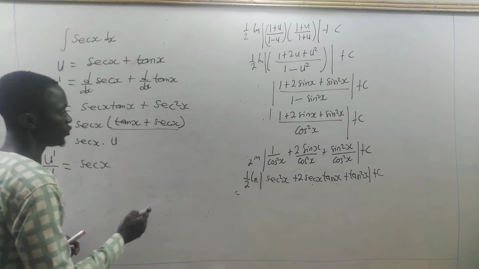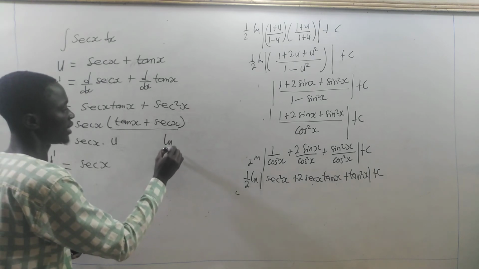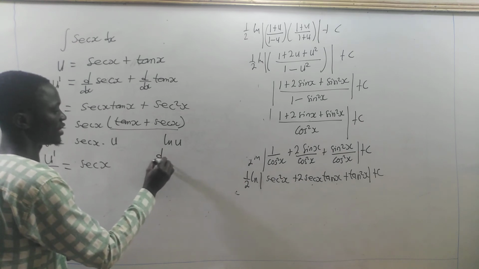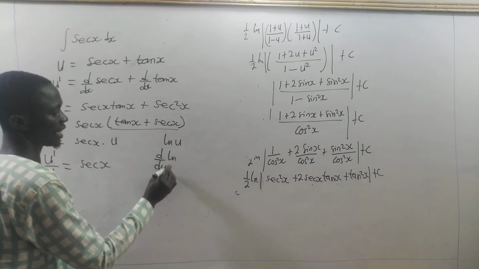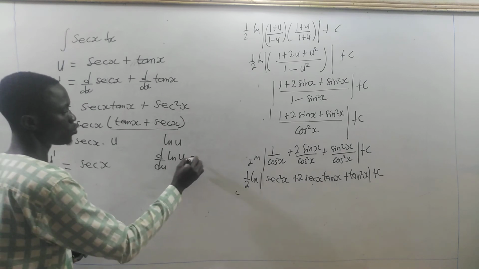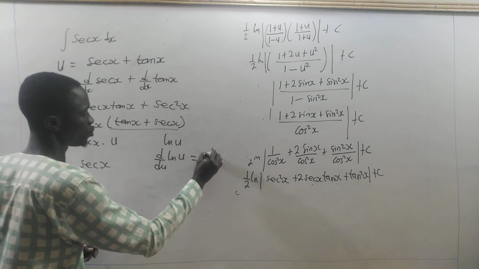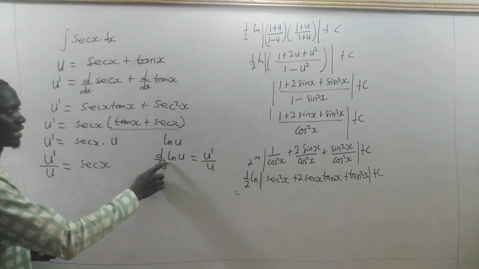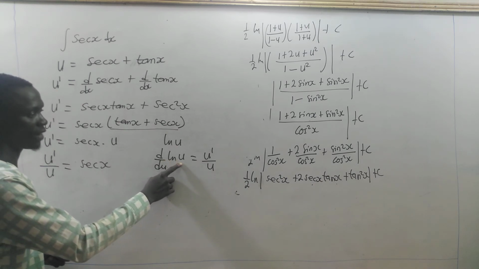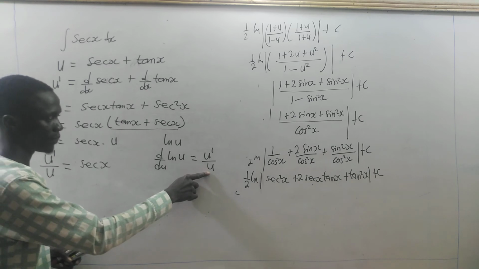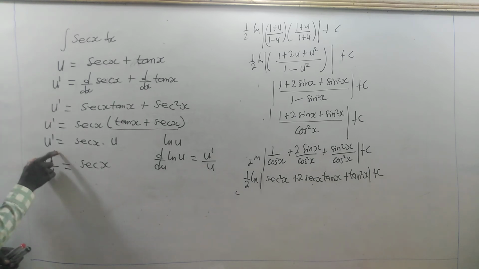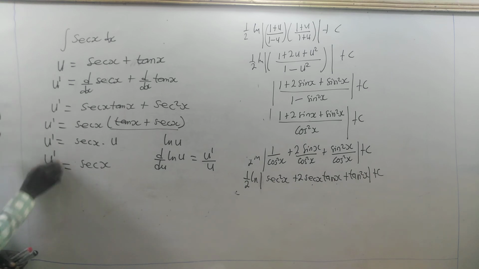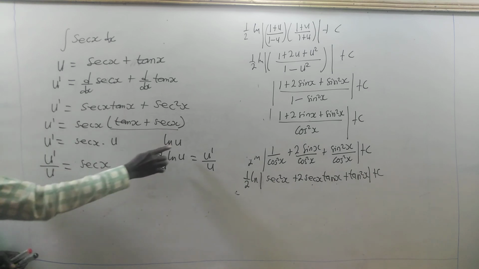Now you see that if we have ln of u, then the derivative of the natural log of u will give us u prime divided by u. So if you differentiate the natural log of u, we are going to have the derivative of u divided by u. So here it implies that if we integrate this, we are going to get ln u.